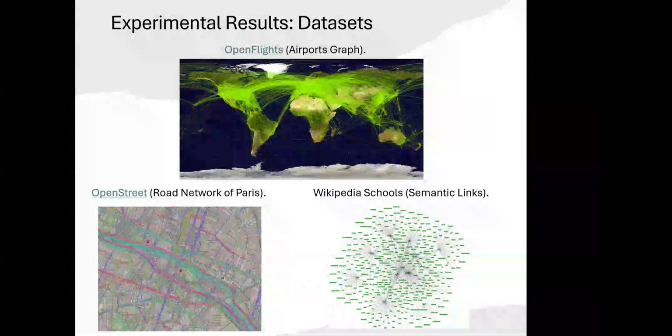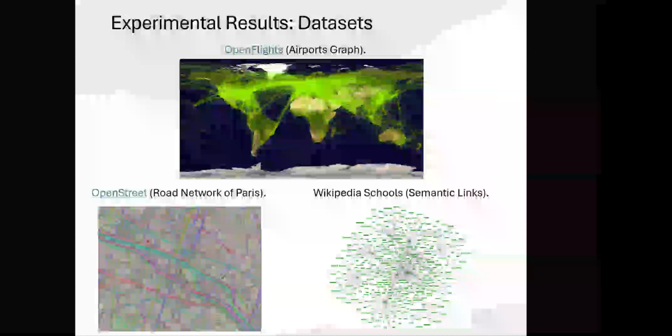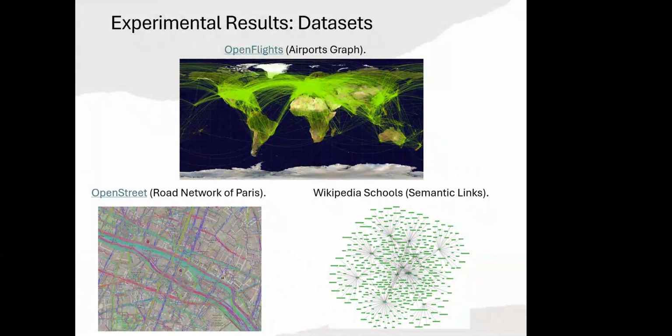Okay, this is exciting. I'm kind of a map geek, so looking at the dataset was very interesting to me. We got 3 different datasets to show you today. We got this dataset, OpenFlights. It says, let's take an airport.